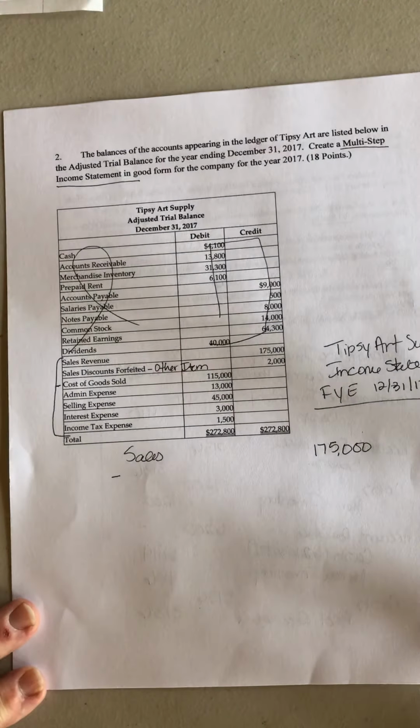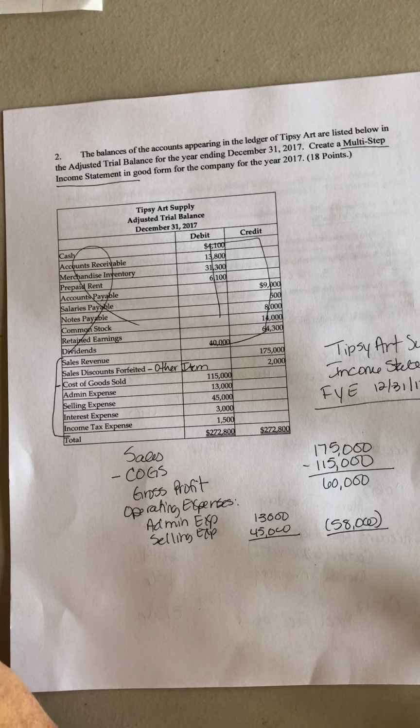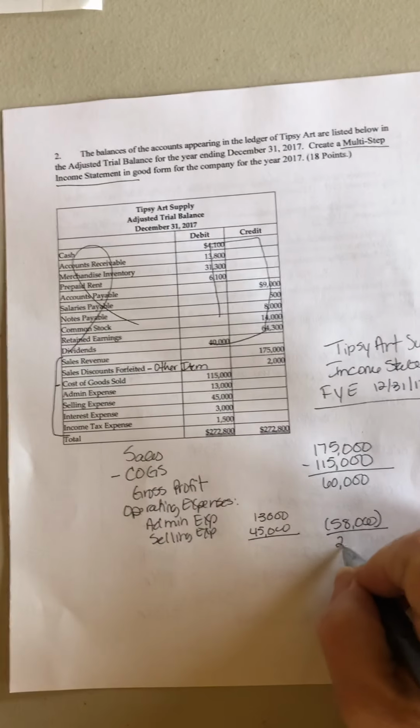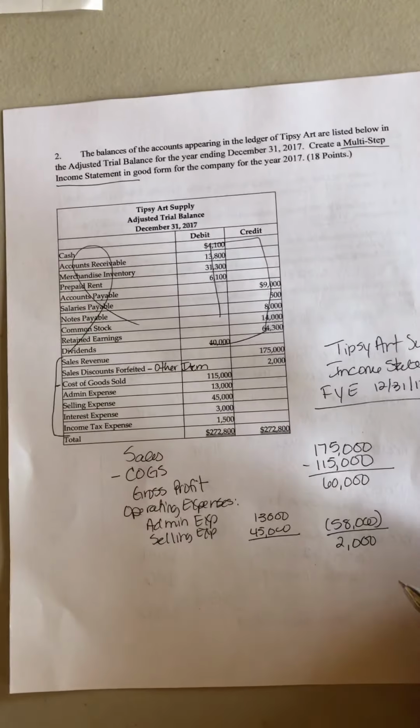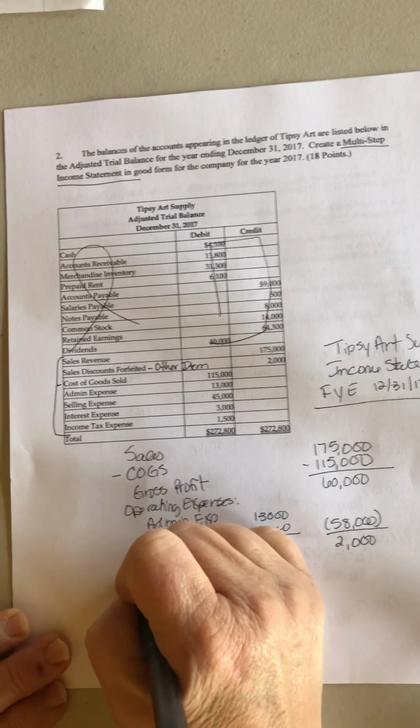So we subtract those. Did I add right? Let me check my adding. So that leaves us with 2,000, and that's our operating income.